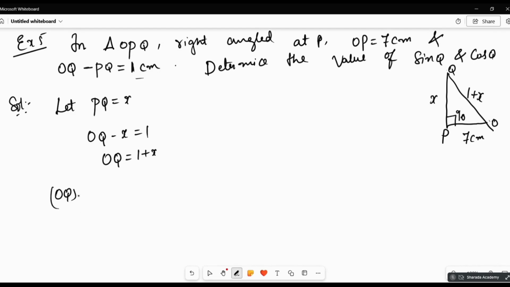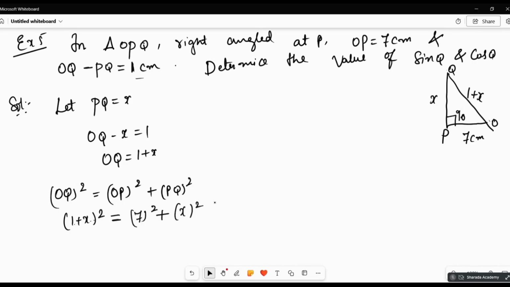OQ square will be equal to OP square plus PQ square. So OQ square will be 1 plus X whole square. That is equal to OP square, that is 7 square, plus PQ square, X square.